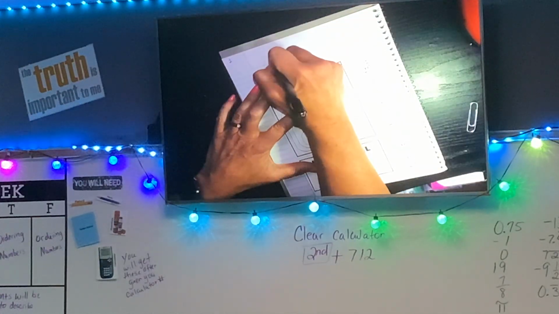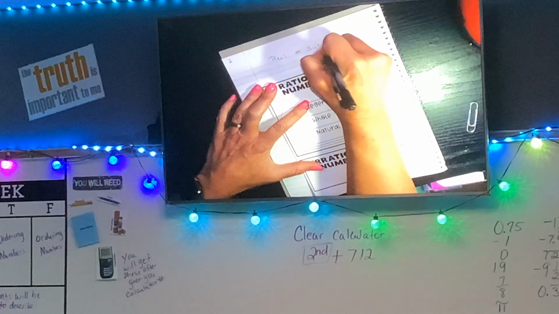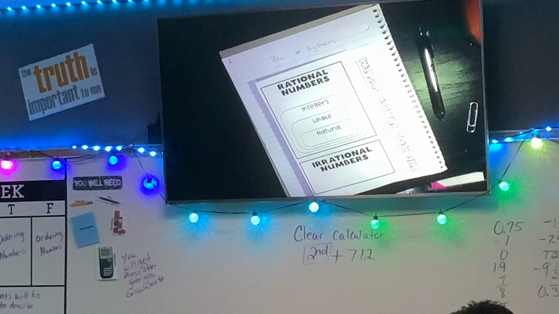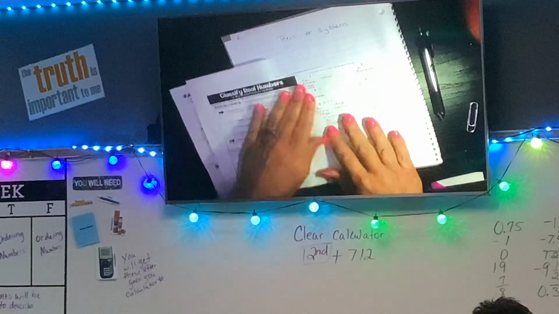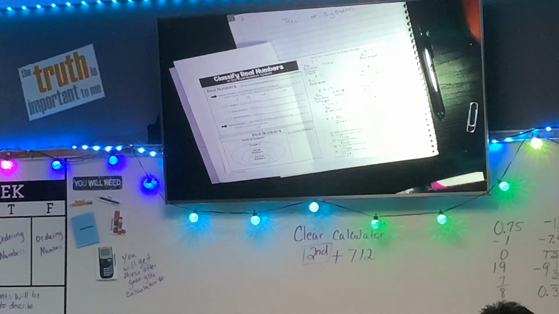And we are going to title this Real Number System. Okay, now you can open it back up to this one. And you can put this right side number in there.